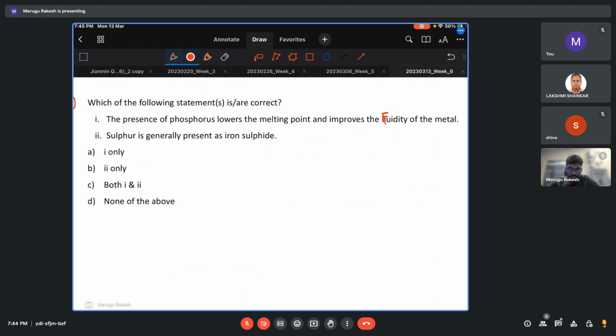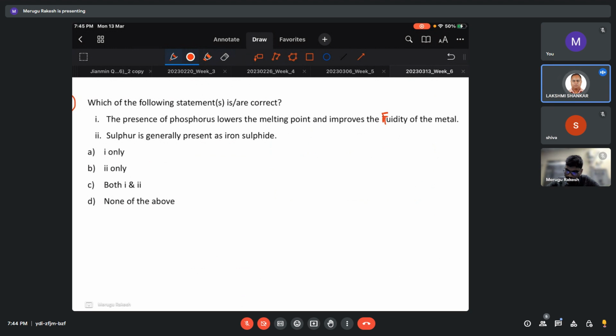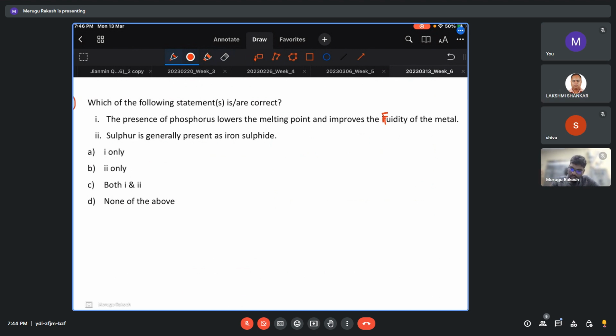Okay. The second one is also correct, sir, since sulfur is generally present as iron sulfide. Yes, this was not discussed, but generally it is present as iron sulfide.